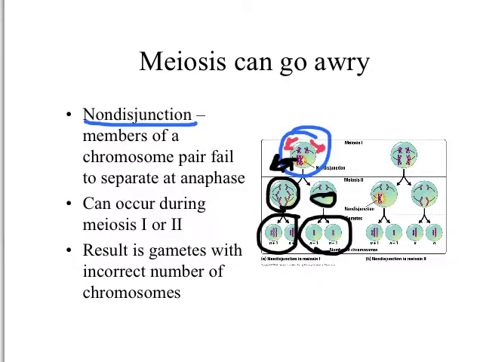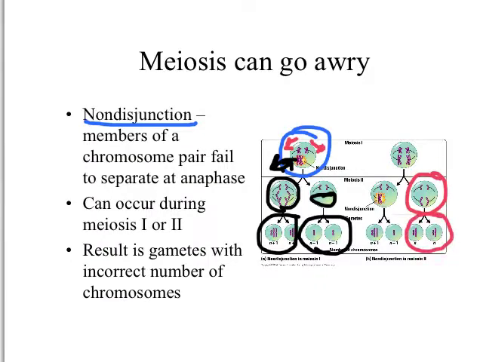And it could also occur in meiosis 2 with the sister chromatids. So in this cell, we had the sister chromatids separate nicely into the 2 daughter cells, so we get a regular haploid cell.